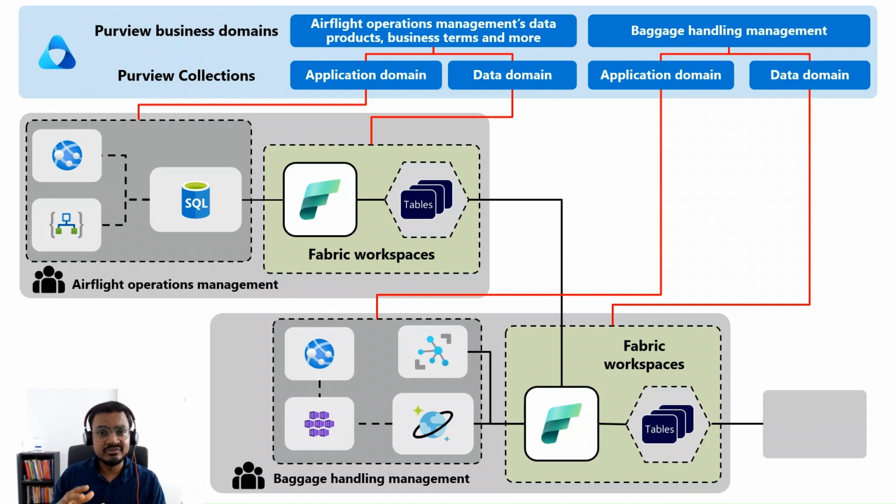In this exercise, we are going to extend on top of this. So inside our Oceanic Airlines fictitious company, we are going to define an OKR, an objective key results, which is a feature within Microsoft Purview. We are going to define how an OKR is defined at organizational level.